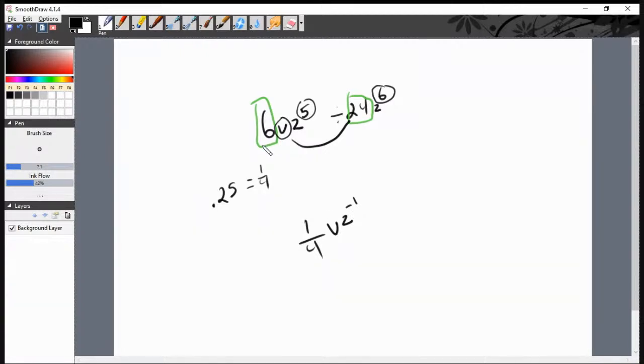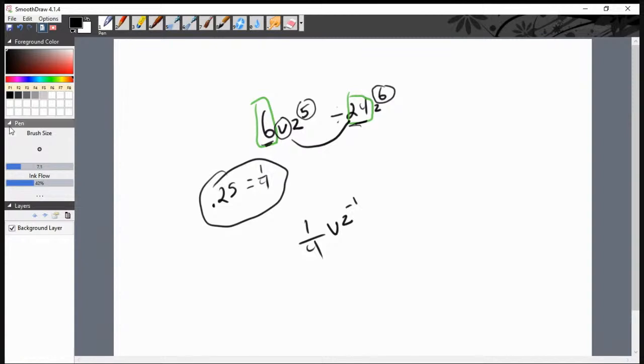All we're doing is finding our coefficients, the 6 and the 24, and dividing them to get the 0.25, or 1/4, right? Are you still lost, Jack Callahan? Okay, good. It's not hard.